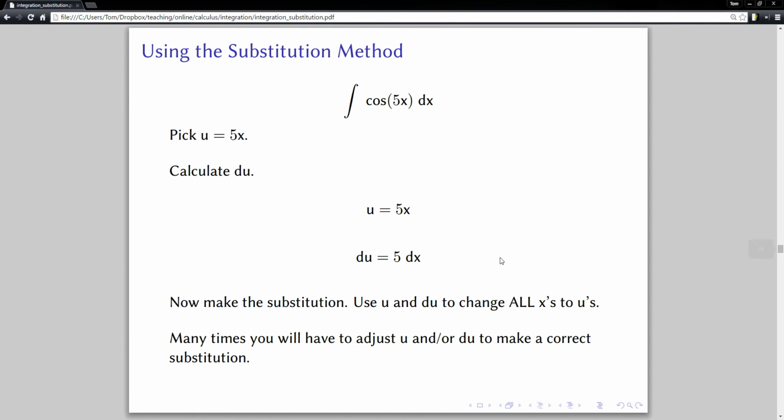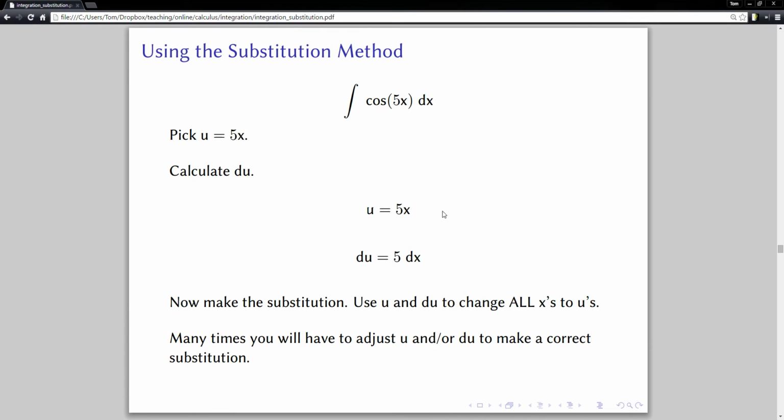So many times what you're going to have to do is adjust the u and/or the du to make the correct substitution. Looking at our problem right here, we can see inside here we have 5x, and that's exactly equal to u. So that part is generally easy, and generally speaking, is one of the easier parts of the substitution.